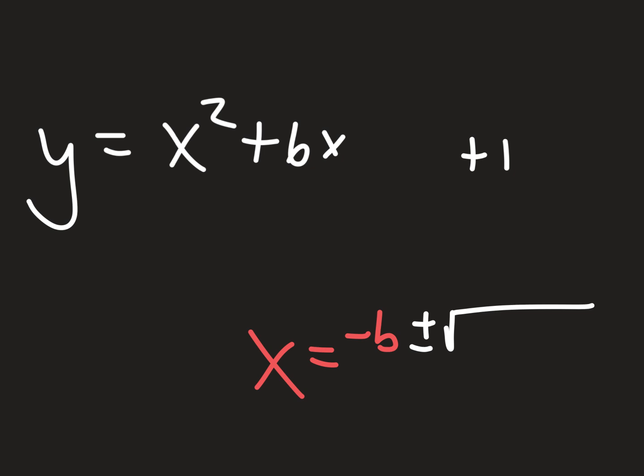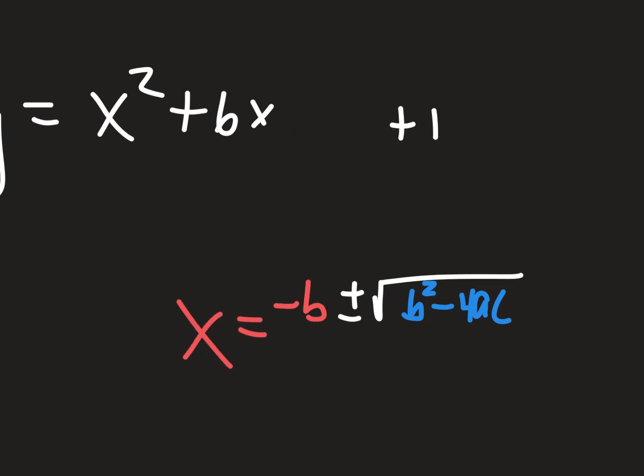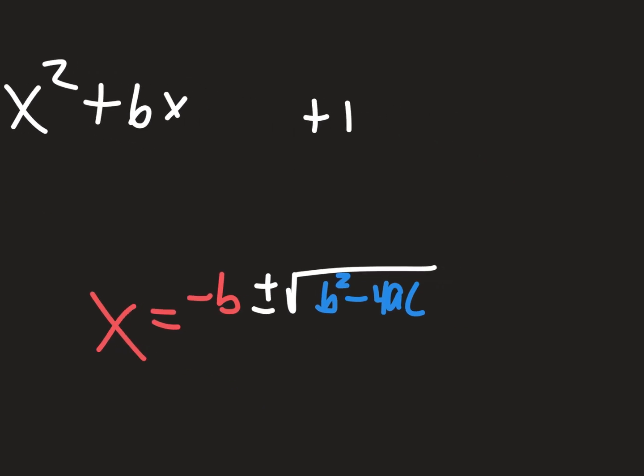X equals negative b plus or minus square root. Do you know a little bit more, Luke? B squared minus 4ac. Very good. That blue part right there, that's a lot of what today is about. All over 2a. All right.